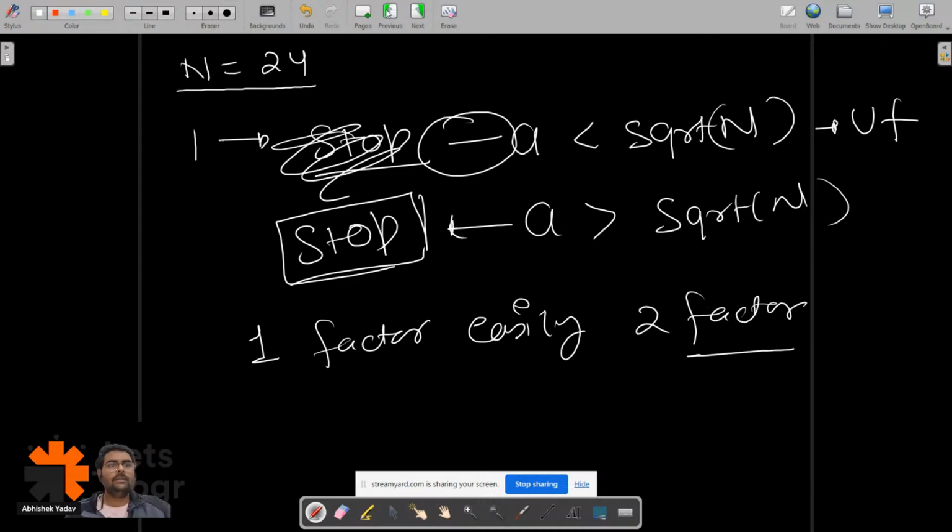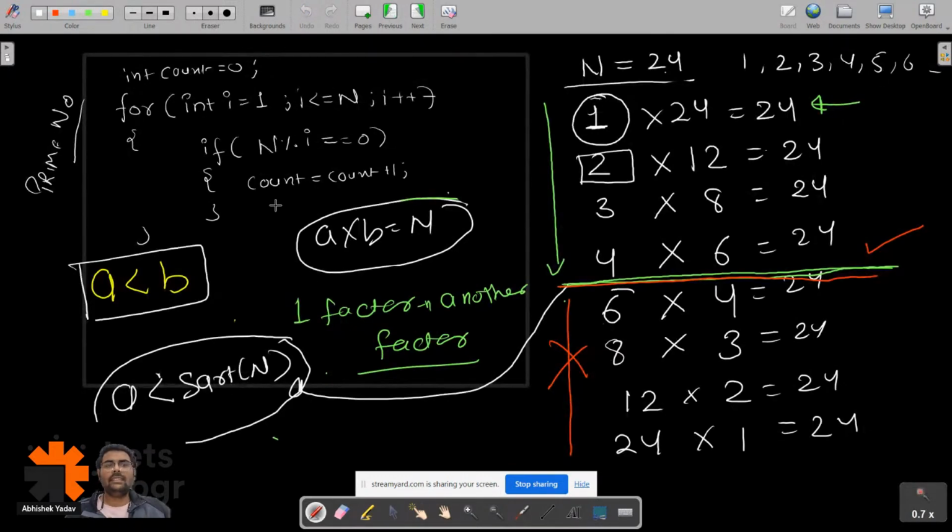So here in the example, if this condition is true, can you guys tell me यहाँ पर मैं count plus 2 लिख सकता हूँ कि नहीं? Okay, if the condition is true, can I write count plus 2 here or not? Please write in the chat, guys. Yes or no?